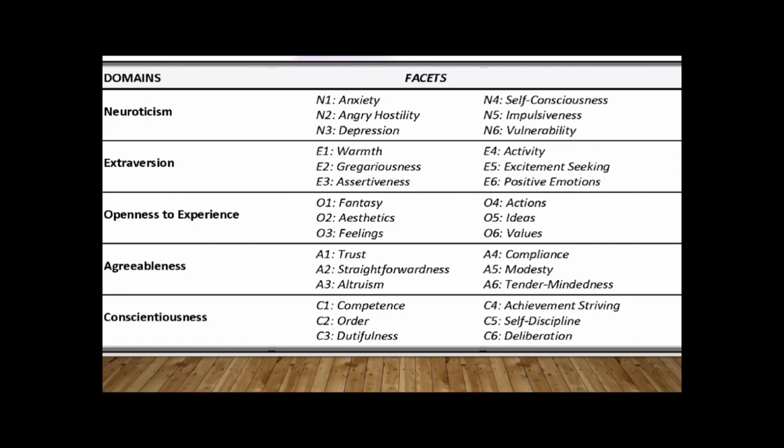Each of these major dimensions or domains of personality may be subdivided into individual traits or facets that are measured with the NEO-PI-R. Psychologists have found value in using these dimensions to describe a wide range of behavior attributable to personality.